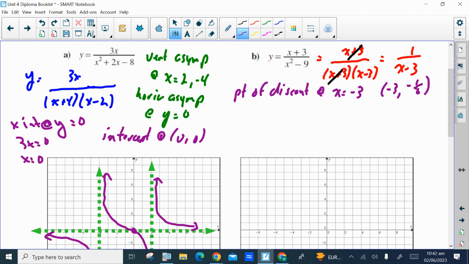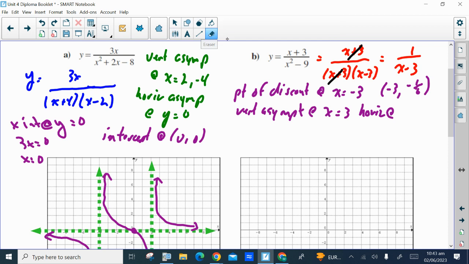Okay, and because x minus 3 is the denominator that we're left with, that means we'll have a vertical asymptote at x equals 3. The degree of the top is 1 less than the bottom, so the horizontal asymptote will be at the x-axis, which again is y equals 0.